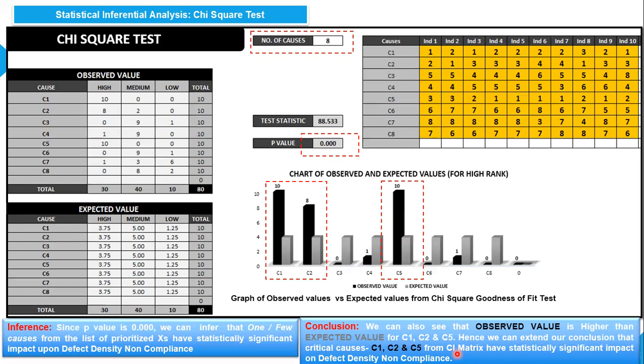So that's the power of Six Sigma prioritization based on a statistical foundation, and when it is based on a statistical foundation, it is more accurate than any decision based on opinions or intuitions only. Had we stopped at the CI matrix, that would have been a good decision, but it would not have been as accurate as statistical analysis based decision making.